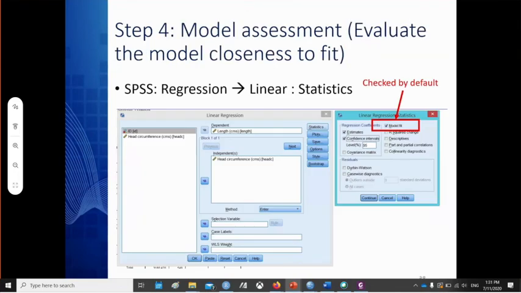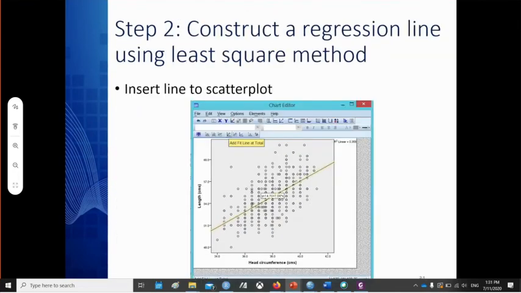When you plot the scatter plot, this is the expected value, and this is the observed value. For each point of x, there's one observed value and one predicted value. The difference between the observed and predicted value is the residual.